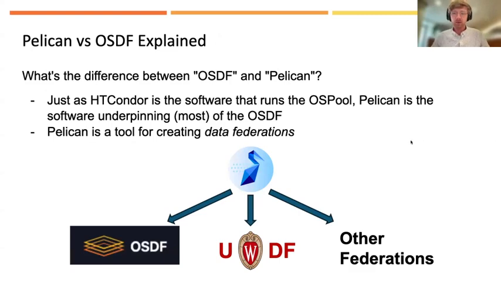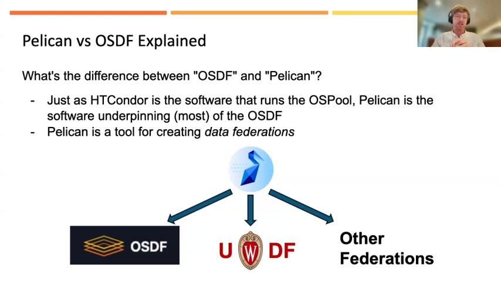You've probably heard Andrew and myself at this point refer to the OSDF and Pelican, and I want to try to distinguish those two terms. The OSDF is an instance of a data federation. If Pelican's a tool for creating and managing data federations, the OSDF, the Open Science Data Federation, is one federation that we've created using Pelican.